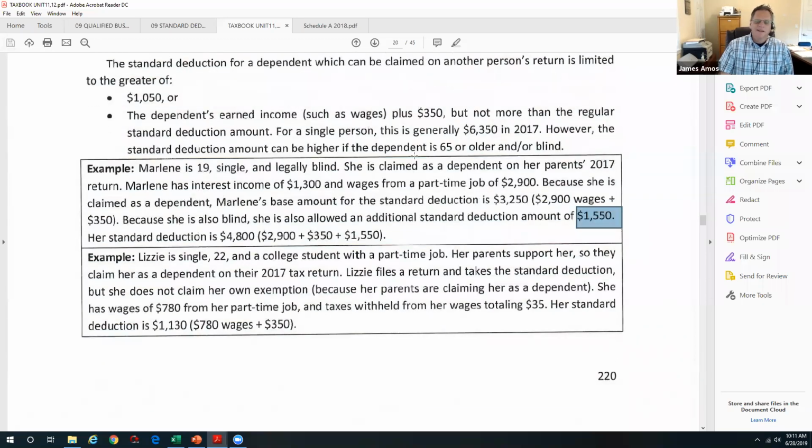See, it's because the last statement, her standard deduction is 4,800. 4,800 is earned income plus 350 plus the additional amount for age and blindness. That is what I'm asking.